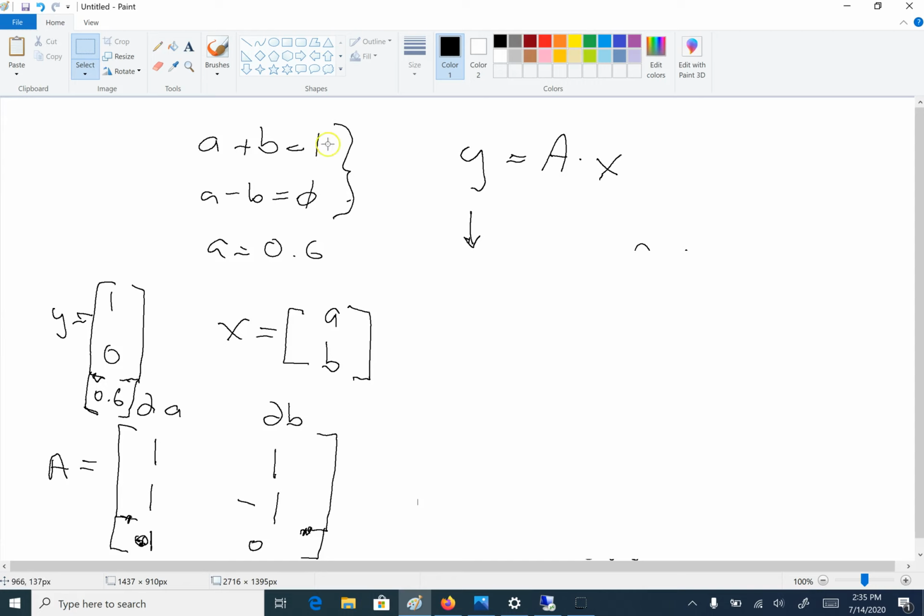We add a residual to each of these equations. So let's take a look at this time for each equation. We have a residual in this one, we have a residual in this one, and we have a residual in this one.